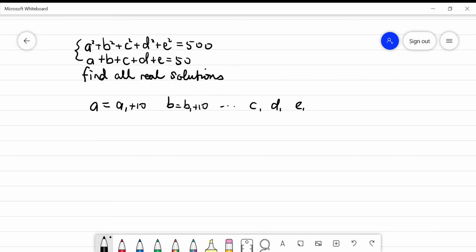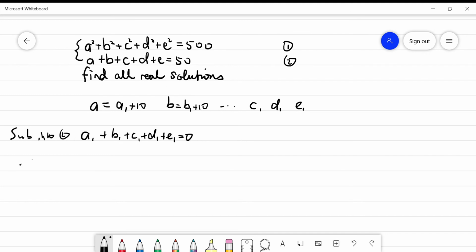Let's call this equation 1 and equation 2. If we sub this into equation 2, we get a1 plus b1 plus c1 plus d1 plus e1 equals 0, a very, very nice result, which we will definitely use later.